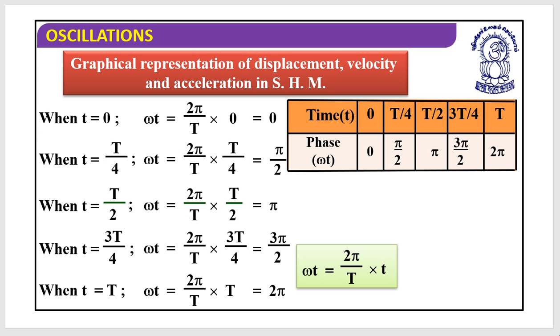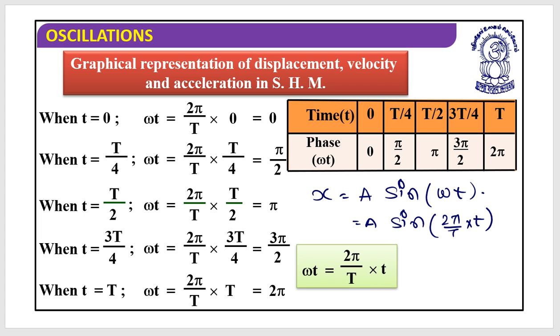So let's suppose we have the relation x = a sin ωt. This ω can be represented as 2π/T, so ωt is 2π/T into t, which is the phase.